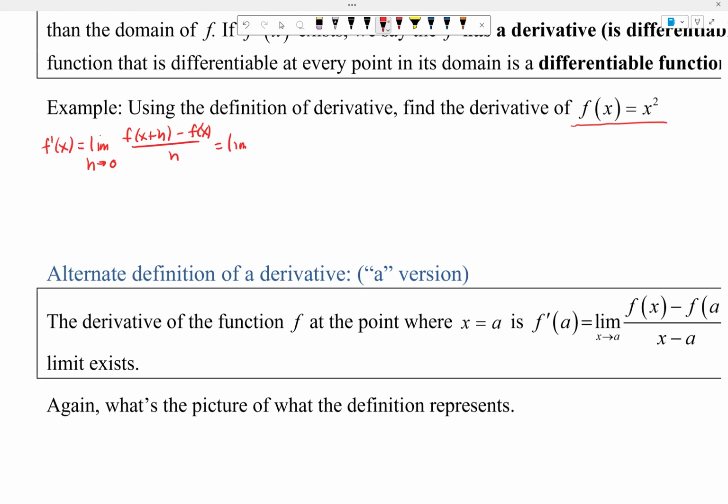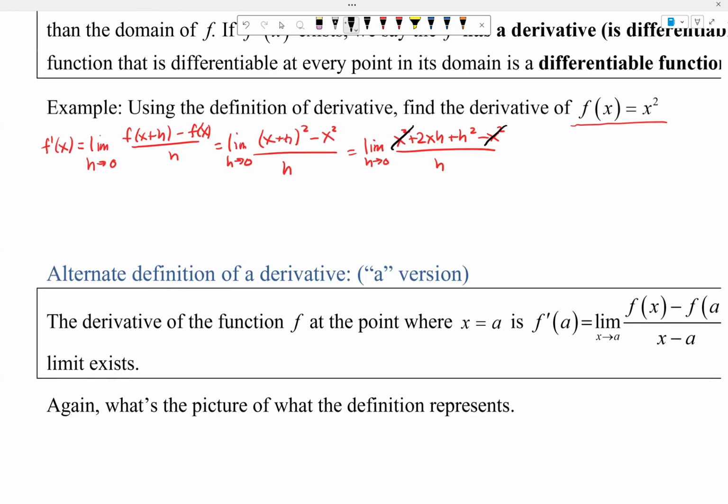But in this particular instance, the function is the squaring function, so I'll square both of our functions. If I expand the top, I get x squared plus 2xh plus h squared, minus x squared, all over h.